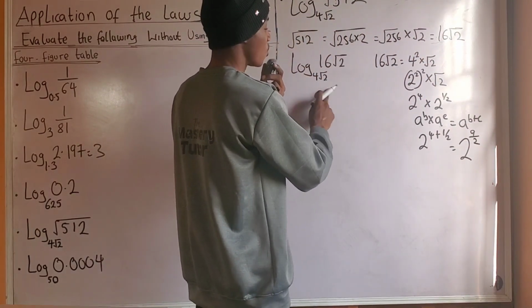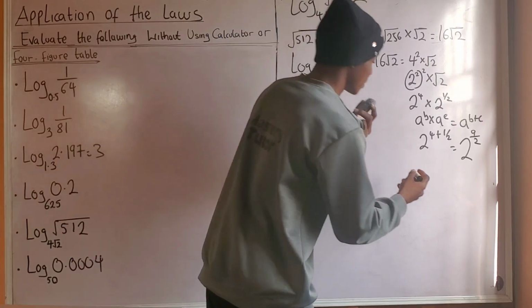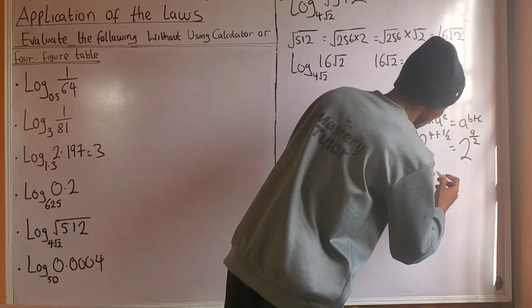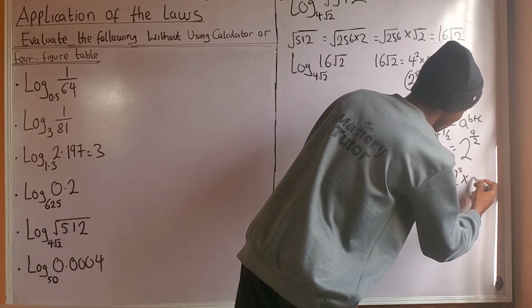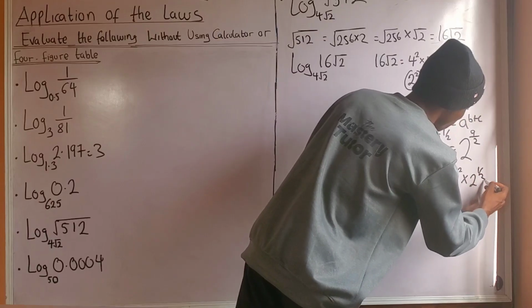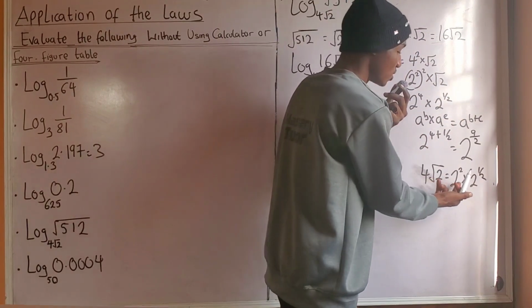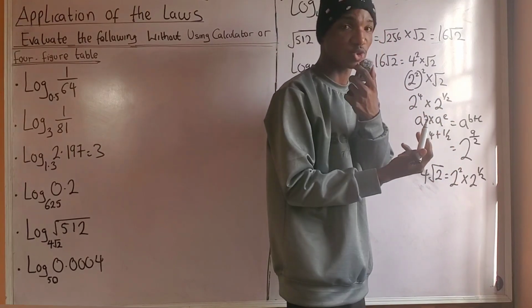Now, for the 4 root 2, please pay attention. 4 root 2 can be written as 2 raised to the power of 2 times 2 raised to the power of 1 over 2, because 4 is 2 raised to the power of 2, and square root of 2 is 2 raised to the power of 1 over 2, right?